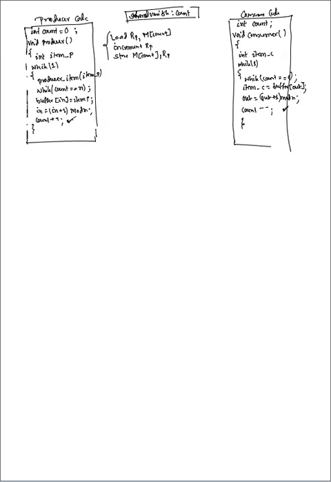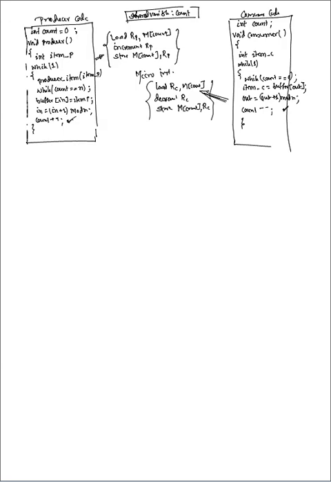So this is the micro instruction for the producer. Similarly for the consumer: load RC from M count, decrement RC, and store RC to M count. So these are the micro instructions.